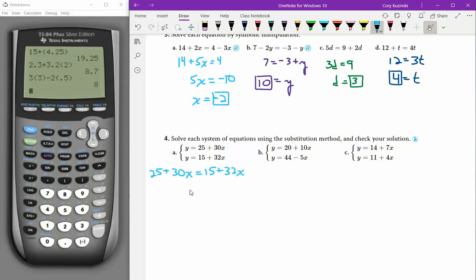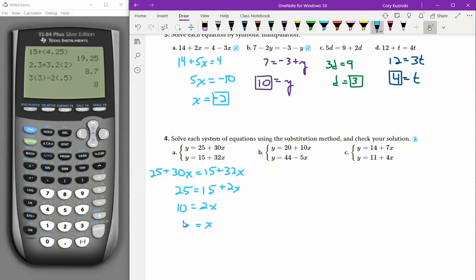Then we're going to solve this equation kind of like we solved these up here. So let's start off by subtracting 30x from both sides, and then subtracting 15 from both sides, and then dividing both sides by 2.